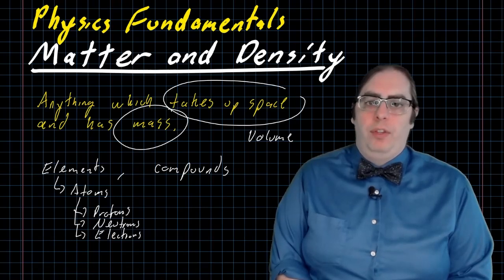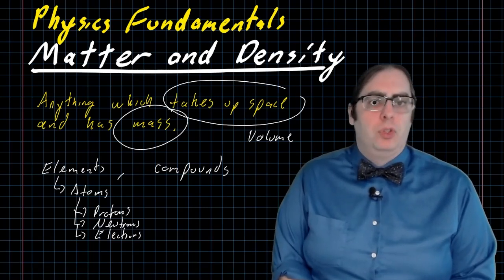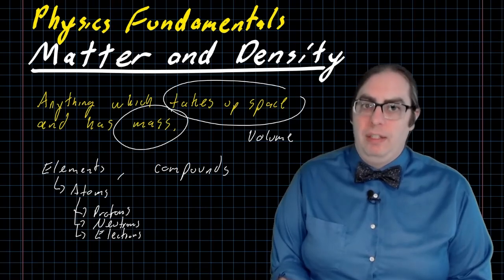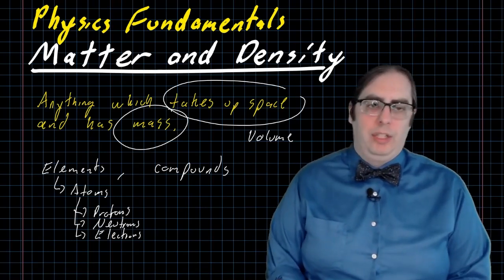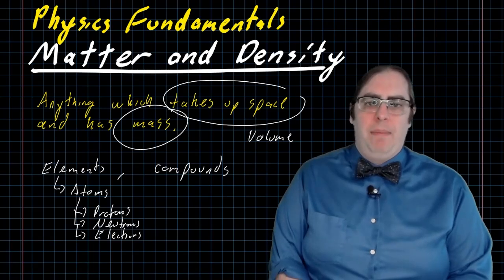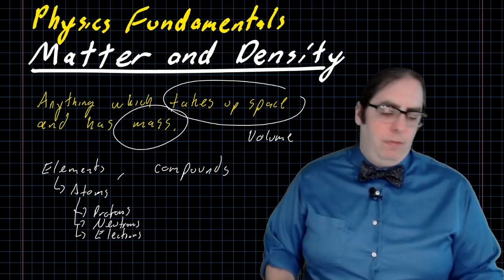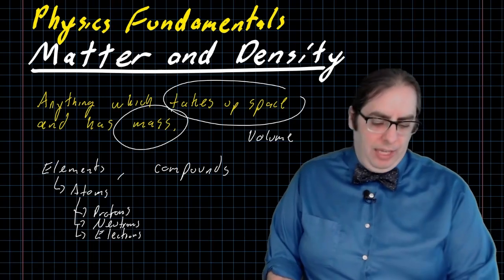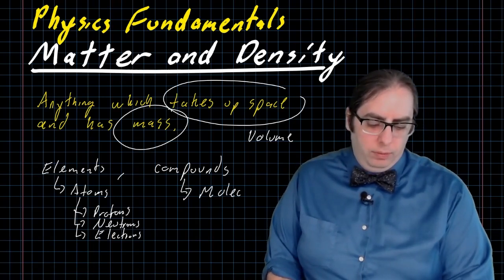It's still the same thing. If you have a pile of neutrons, then you have something very different from that matter. So it's the collection of protons, neutrons, and electrons in an atom that makes the element what it is. If you combine several atoms together, you get something called a molecule.